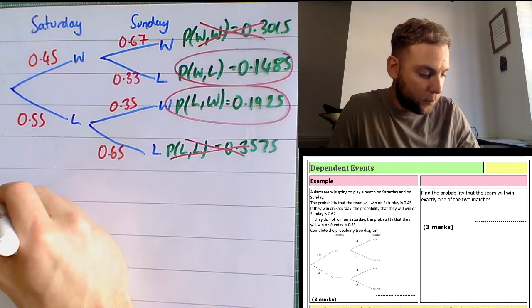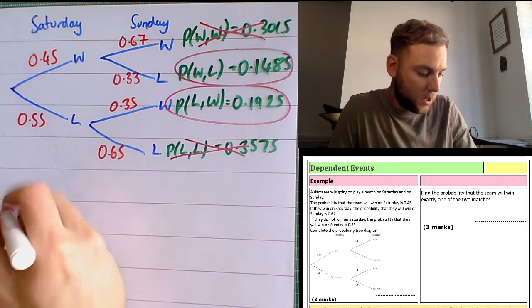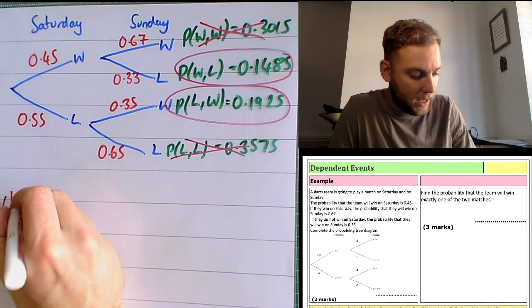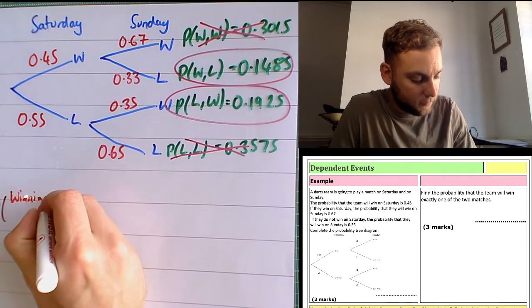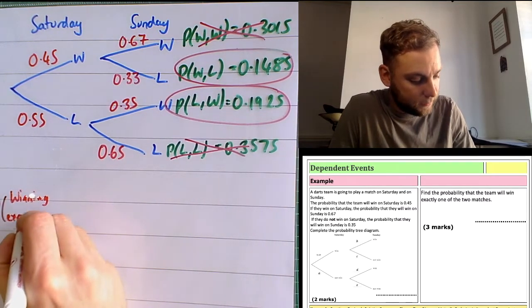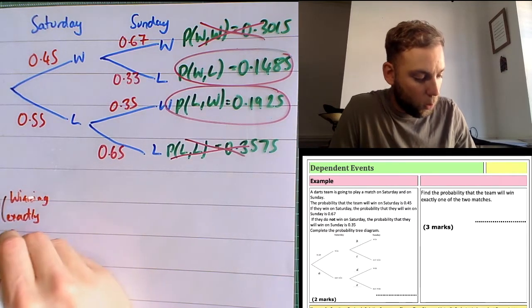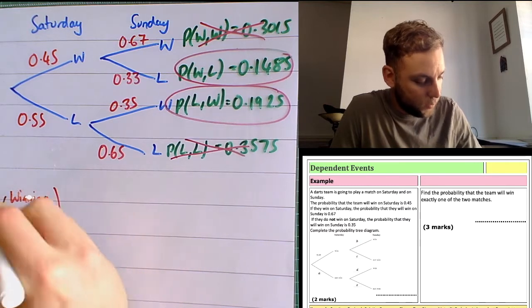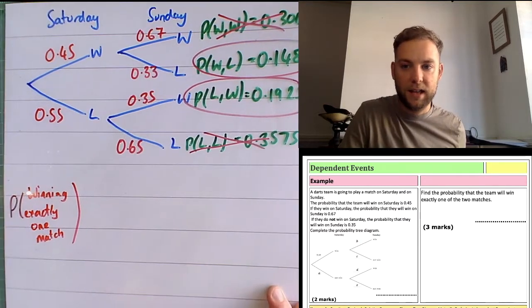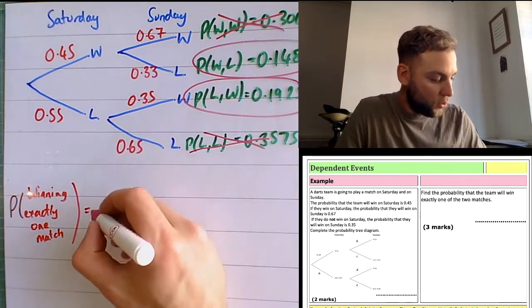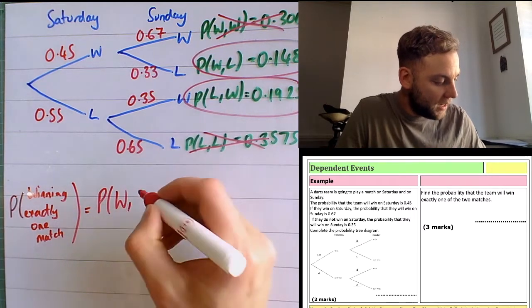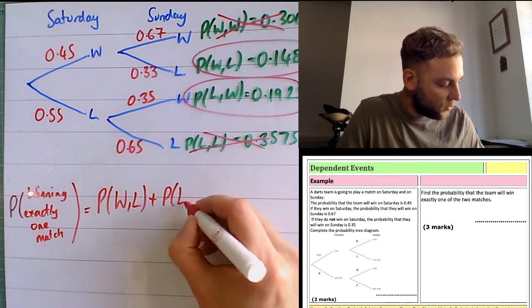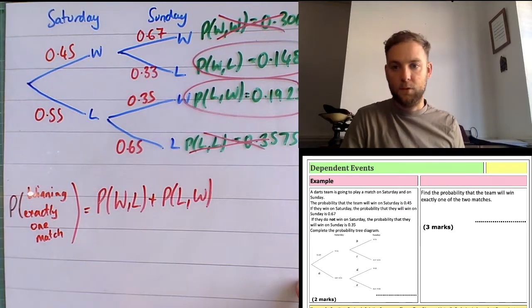So if we want the probability of winning exactly one match, the probability of winning exactly one match there is equal to the probability of winning then losing plus the probability of losing then winning, which we know.